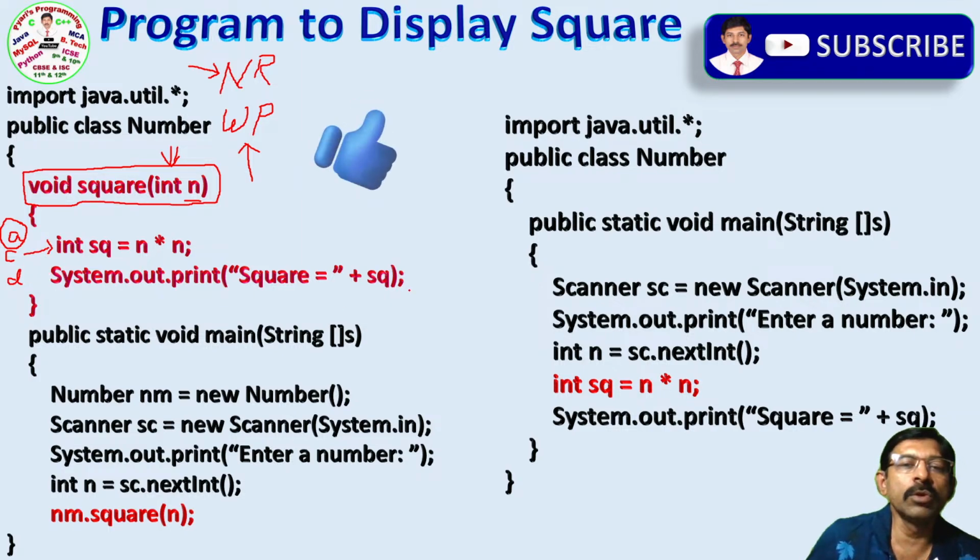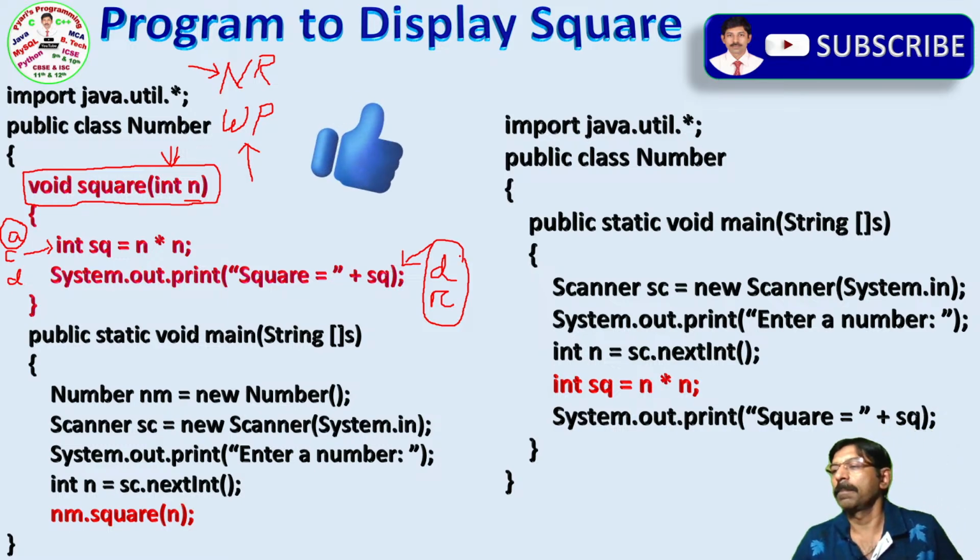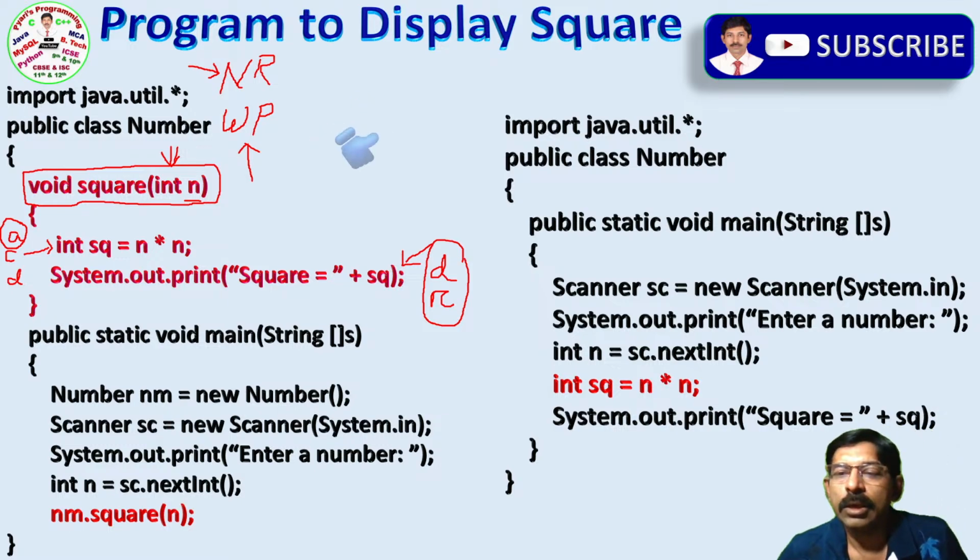Now here I am using a display statement. How will I decide whether I will display or I will return? Got my question? How will I decide whether we are going to display or return?